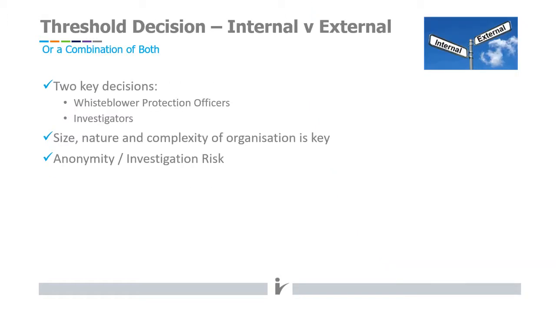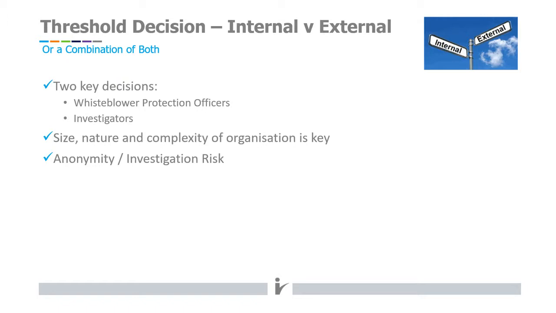The next critical thing from an operation perspective is you've got to make a decision as to whether you're going to just do everything internally, or whether you're going to use some sort of external whistleblower service, or a combination of both of those. And we've seen all of those, internal only, external only, and a combination of the two.